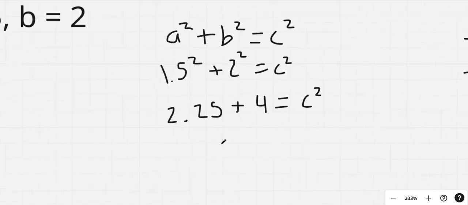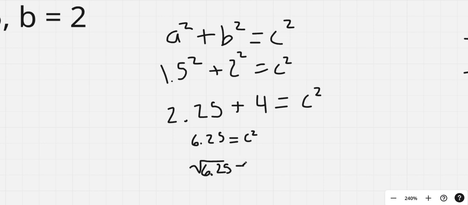And then 2.25 plus 4 is equal to 6.25, equals c squared. To get c alone, we take the square root of both sides. So the square root of 6.25 equals the square root of c squared.